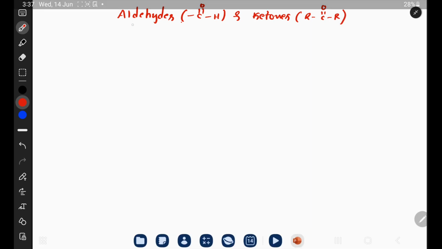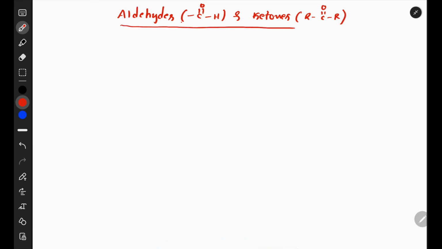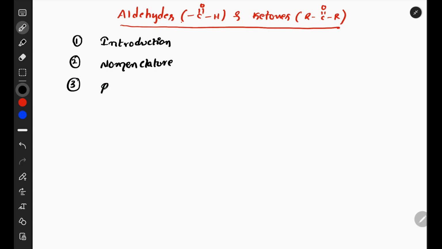When we discuss this topic, we need to follow this sequence. First, we need to discuss the introduction. The second part is the nomenclature, followed by preparations.